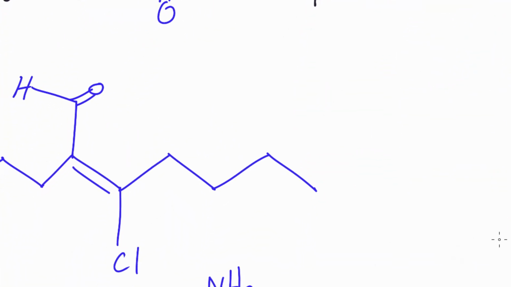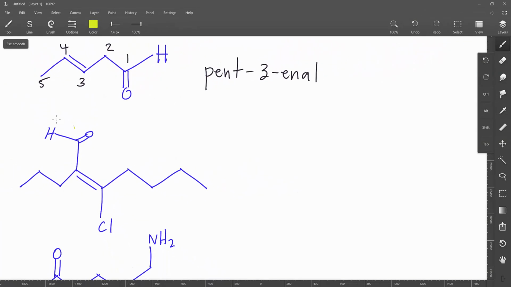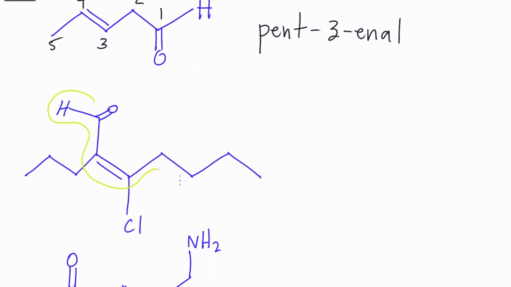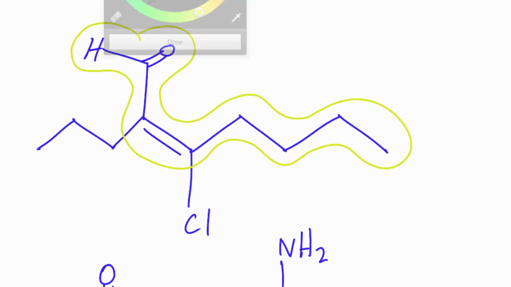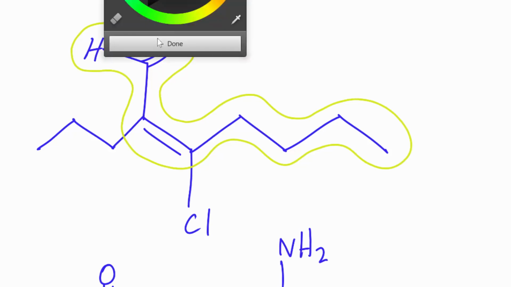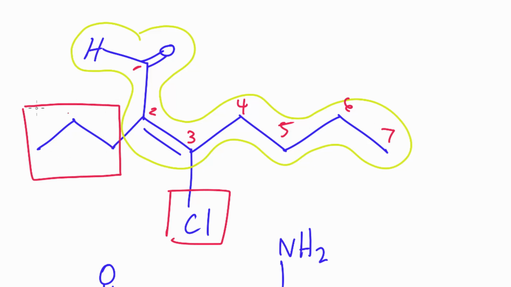Here's another larger carbon-carbon chain. What I want to do is circle the largest carbon-carbon chain that contains the aldehyde, it being my highest priority. So 1, 2, 3, 4, 5, 6, 7. And the chlorine and this 1, 2, 3, that propyl group, those will act as substituents.